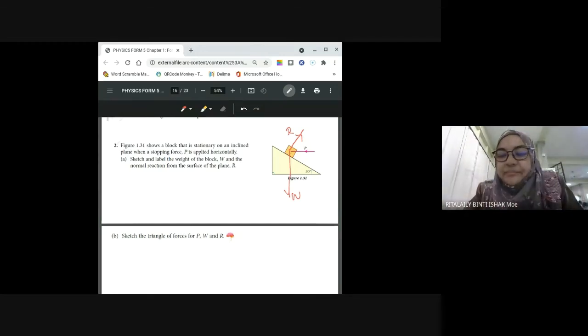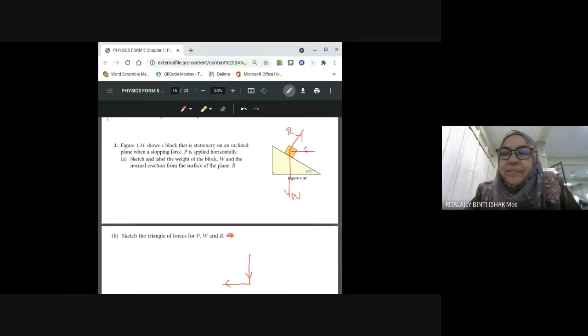So kita ambil W and then we ambil P. Perpendicular ni senang kan. W dengan P ni perpendicular. Okay. So this is R. R, W, P. Okay.